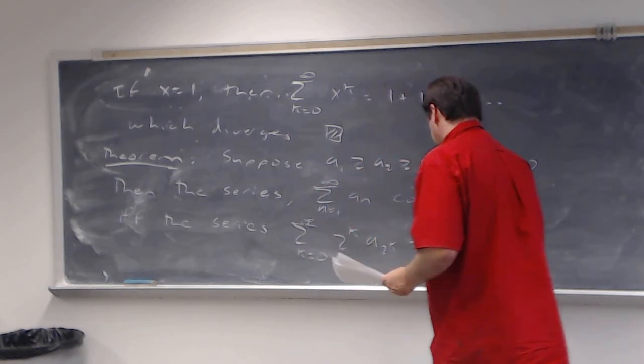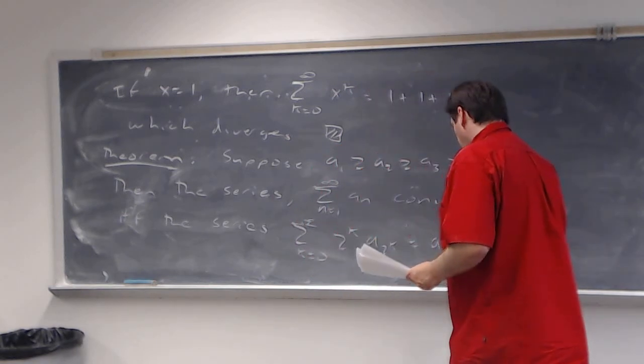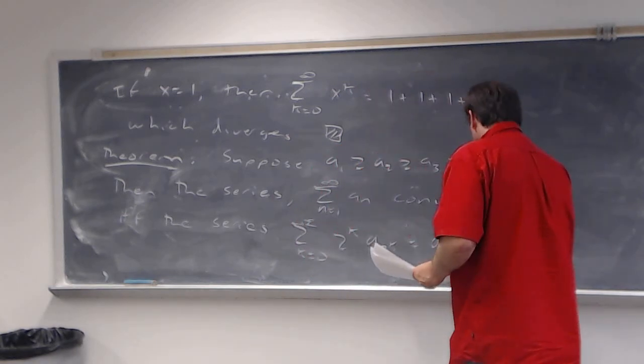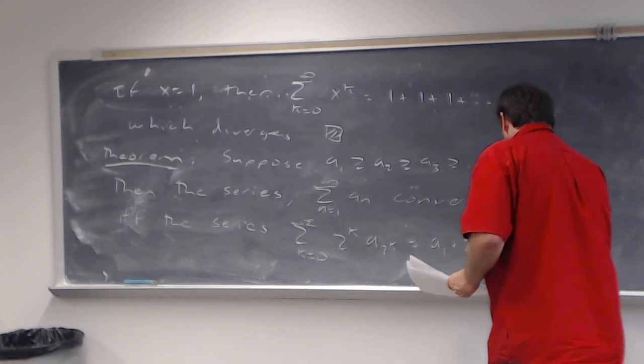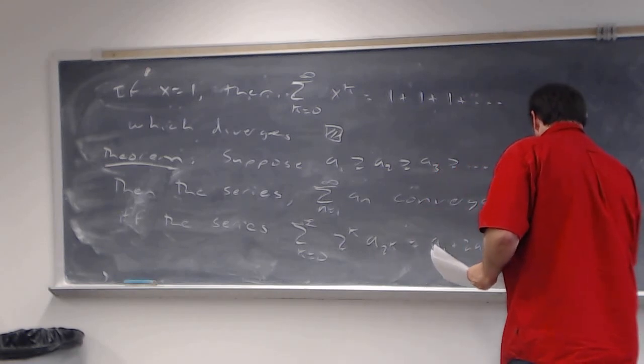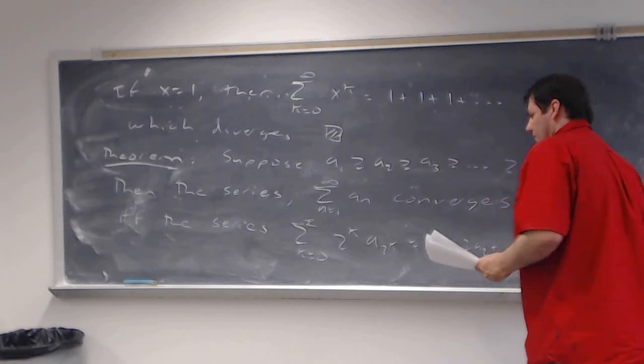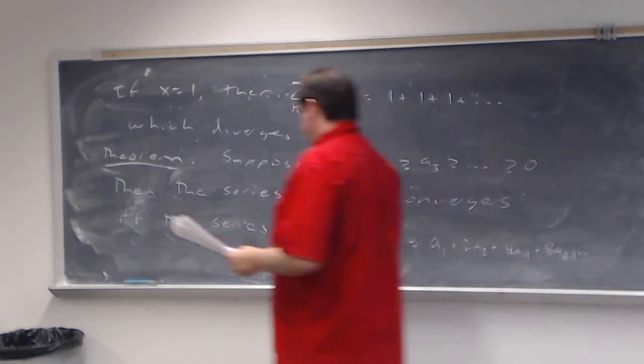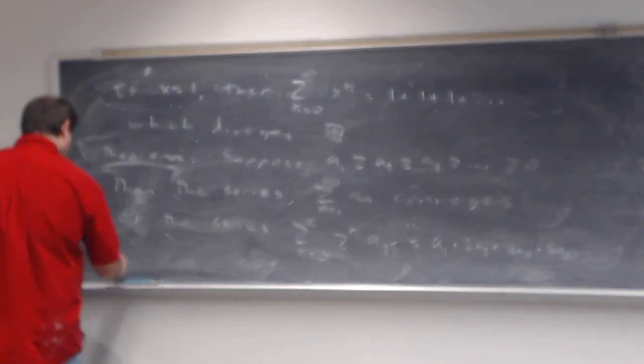Just to get an idea, this is going to be a sub 1 plus 2 times a sub 2 plus 4 times a sub 4 plus 8 times a sub 8 plus, and it goes on forever like this. So, if and only if this series converges.